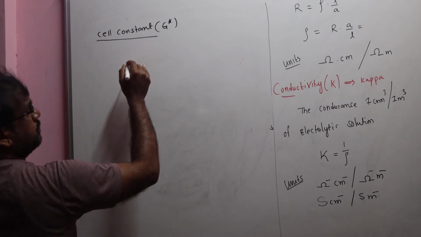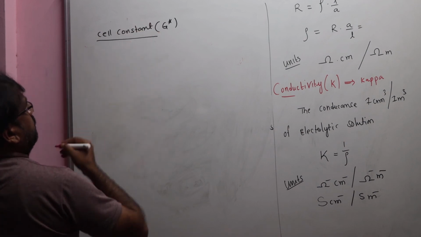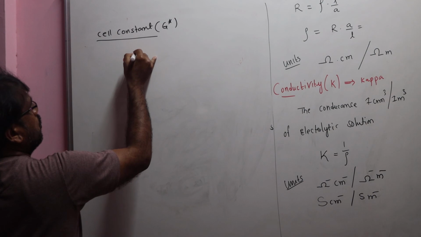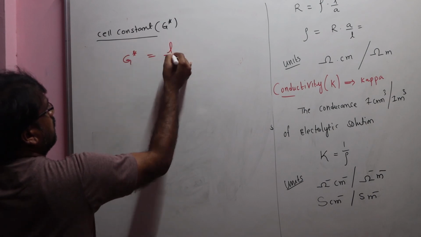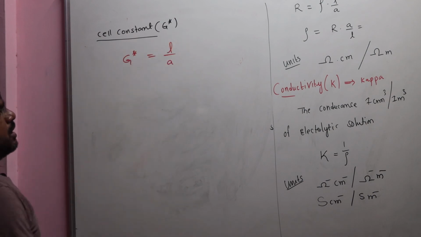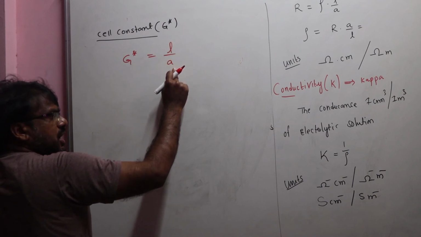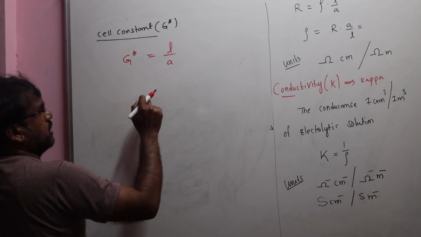For a particular cell, the cell constant is constant. G star is equal to L by A. The ratio between the distance between the electrodes and the area of cross section of electrodes is known as cell constant.